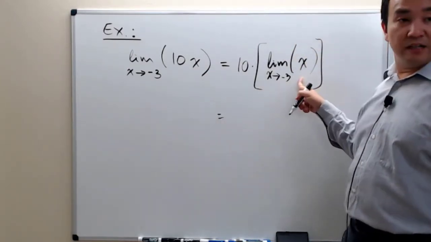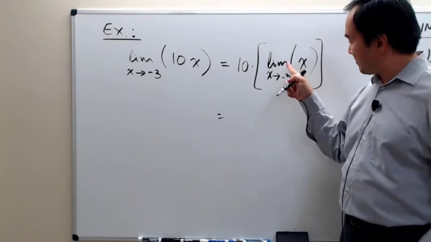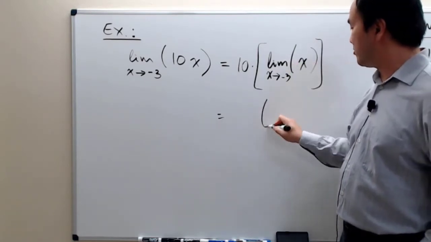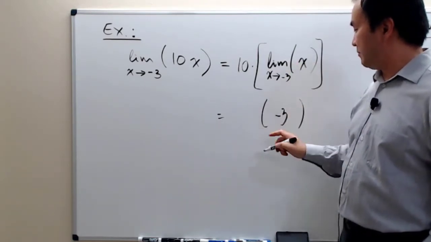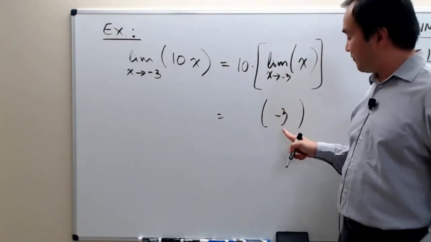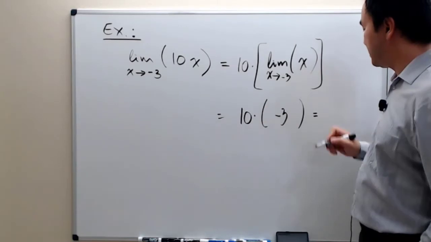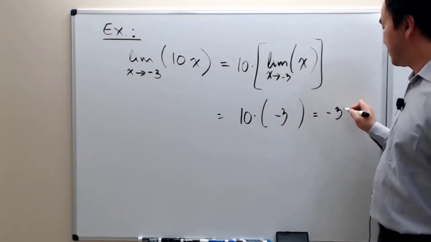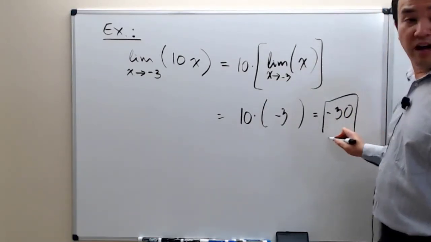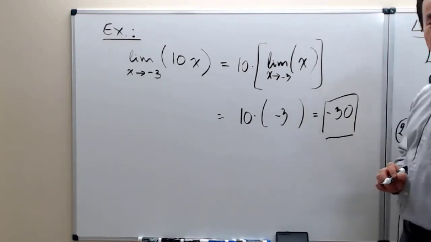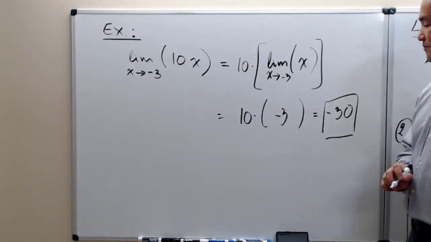We already learned through the special limits that this limit here is going to be -3. But now with that known -3 as a limit to be multiplied with 10, our final limit here is going to be -30. And we now have another answer to our limit problem.